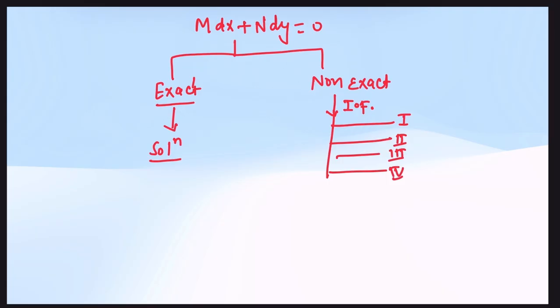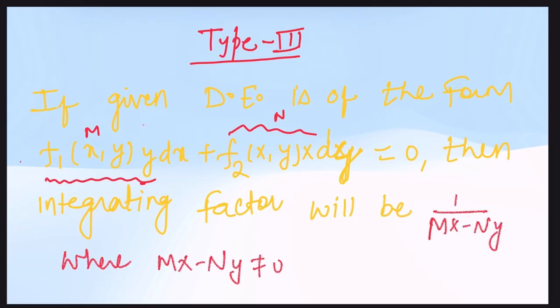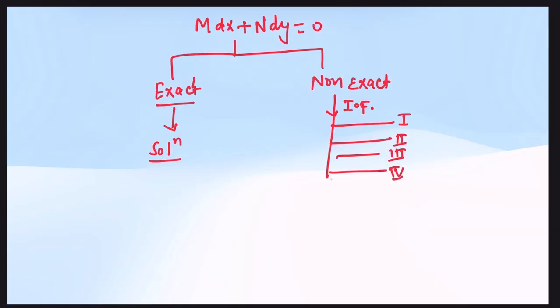In this lecture I will discuss this type: f1(x,y) y dx plus f2(x,y) x dy equals 0. The integrating factor will be 1 upon (Mx minus Ny), when Mx minus Ny does not equal 0.